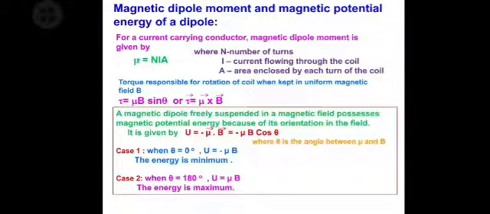Due to the orientation, any object has its potential energy, and as the coil is balanced by both the deflecting torque as well as a restoring torque, it holds a certain position, and due to this the coil has magnetic potential energy, and that magnetic potential energy is given by U = minus mu dot B, and this is equal to minus mu B cos theta.